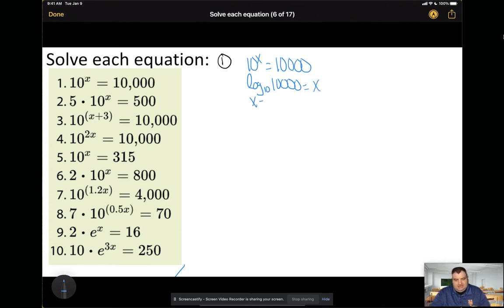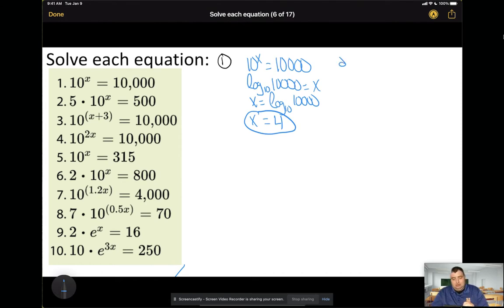So in other words, x equals log base 10 of 10,000. And we should be able to figure that out. 10 to what power is equal to 10,000? That's going to be 10 to the power of 4. So in this case, x is going to equal 4. And that's really it.